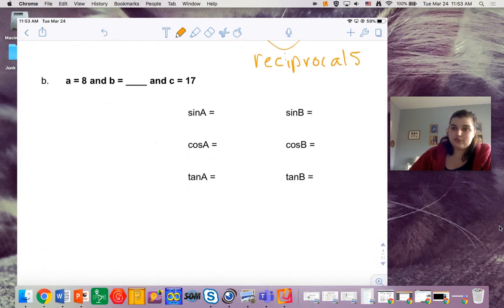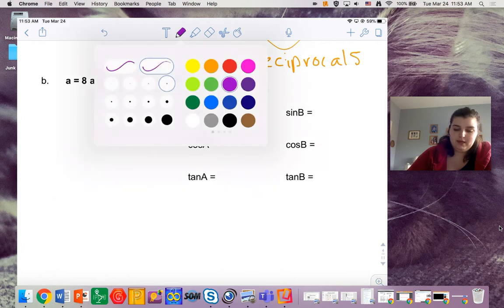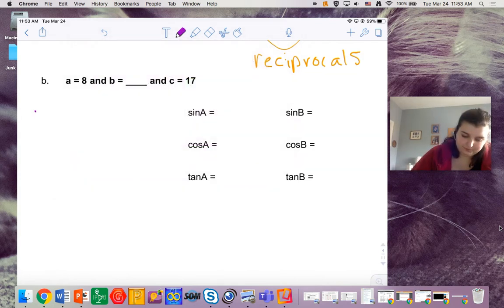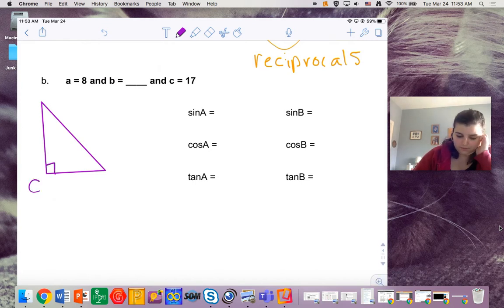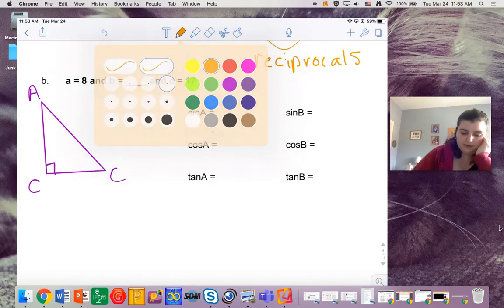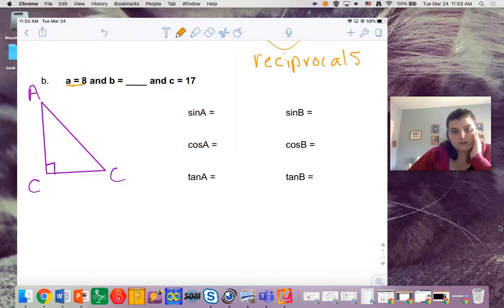So that just changes our first step with the Pythagorean theorem. So again, I'm going to draw the triangle. Triangles are hard. Okay, A, B, and C. Again, remember that the side lengths are lowercase and the angles are uppercase.